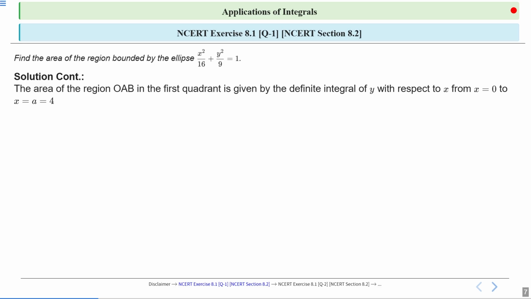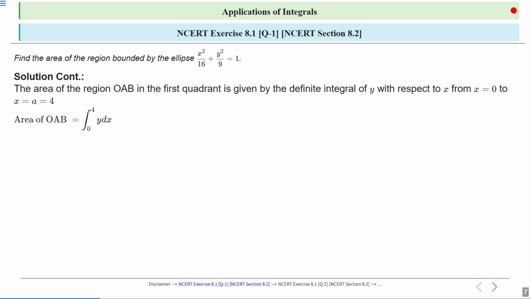So we have to calculate the definite integral from x equal to 0 to x equal to 4 of y dx, and that is the area of OAB, because the definite integral gives the area of the curve which is bounded by the x-axis and the ordinates x equal to 0 and x equal to a. So the area of OAB is the integral from 0 to 4 of y dx.